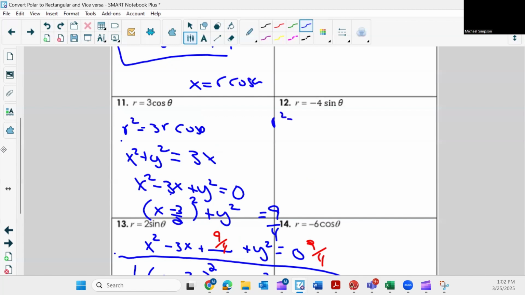r squared is equal to -4r sine theta. Okay. Say again? x squared plus y squared is equal to -4y. Okay, got it. I switched it. What's your next step?